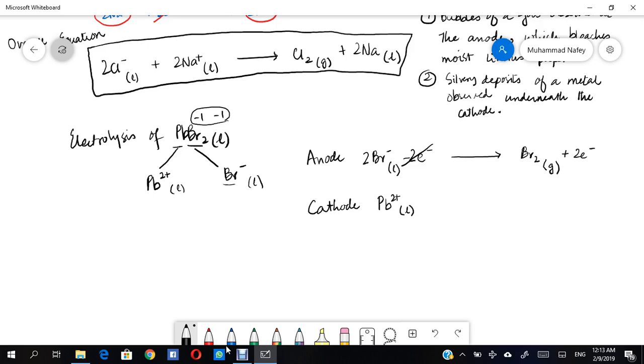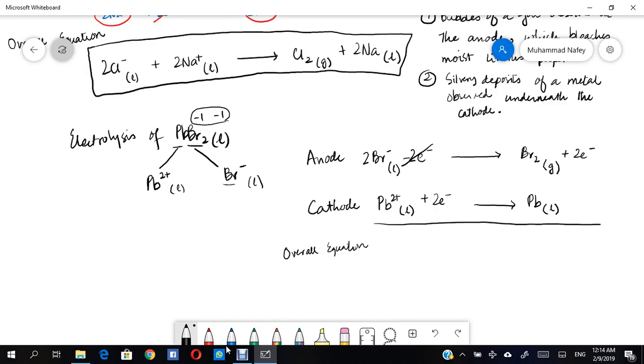And these are going to gain electrons and form lead metal, which will again be a liquid because of the high temperature of the electrolytic cell. So here we go. Now we have the anodic half equation, we have the cathodic half equation, and therefore we can construct our overall equation.